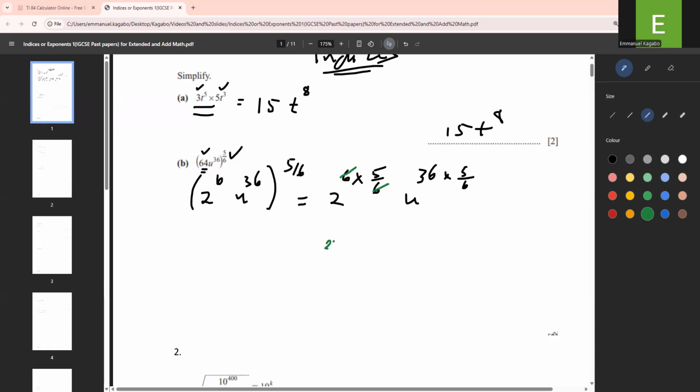Then I'll remain with 2 power 5 and 4 power 1. This one cancels out with that. 36 divided by 6 gives me 6. 6 times 5 gives me 30. So the question is over. But one more step here. 2 power 5 is 32. Then you say 4 power 30.